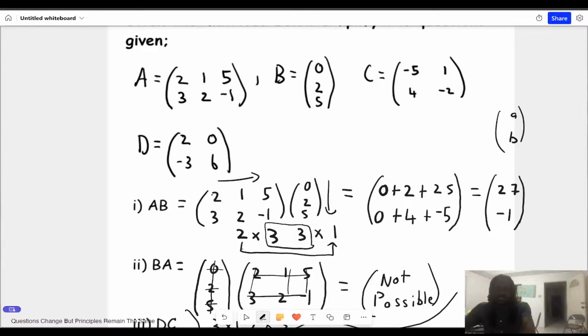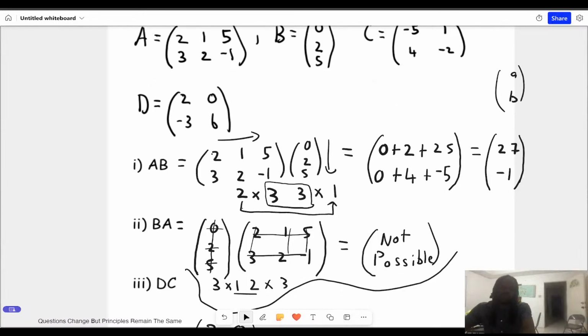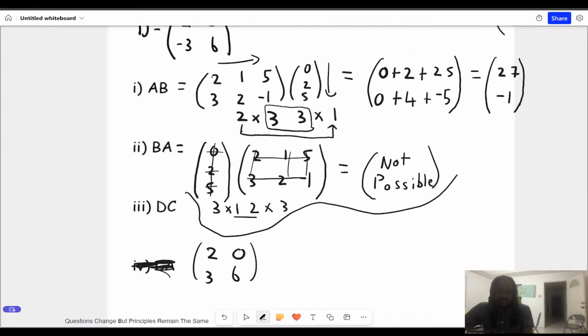What is my C? Negative 5, 1, 4, negative 2.